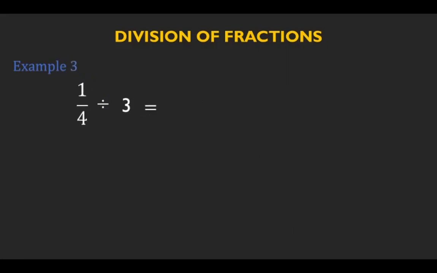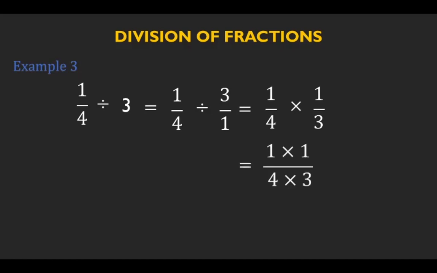Example number 3, we divide a fraction by a whole number. The whole number will take the form 3/1 and we change it to its reciprocal, making it 1/3. We multiply, then we get the answer.